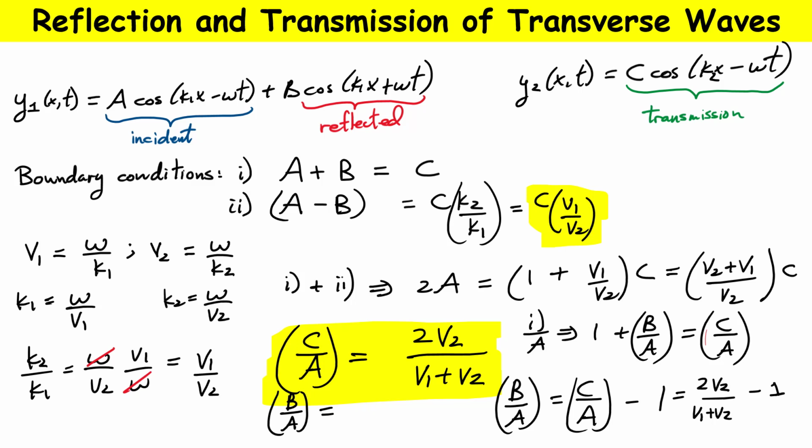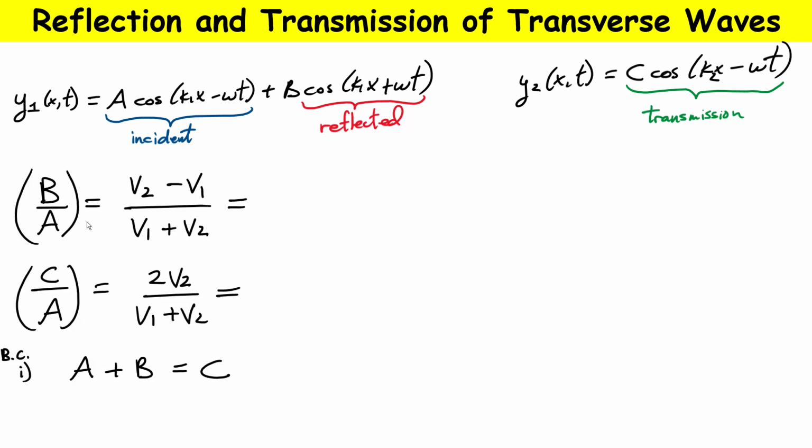Now careful, it's going to be v2 that goes first, minus v1, divided by the sum, v1 plus v2. These are our two expressions relating the ratio of these amplitudes, the reflected and the transmitted amplitude to the incident amplitude, written only in terms of the speeds of the waves in those media.